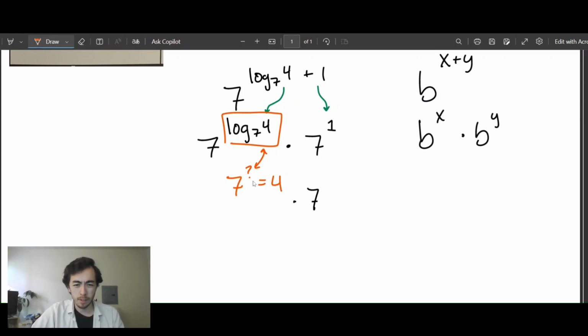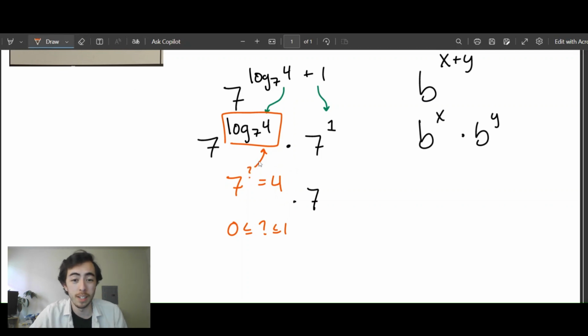I know that exponent is between 0 and 1, just because if I put a 0 here, I get a 1 on this side, and that's too low. And if I put a 1 here, I get a 7 on this side, and that's too big. So this question mark exponent is going to be somewhere between 0 and 1.